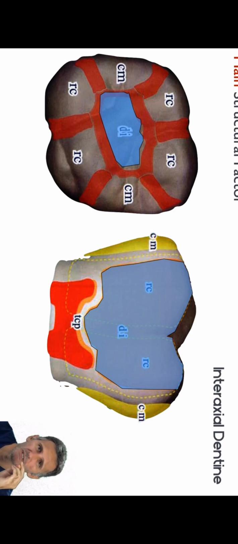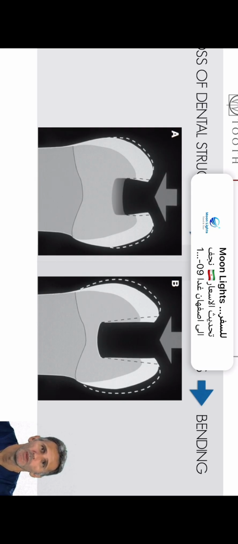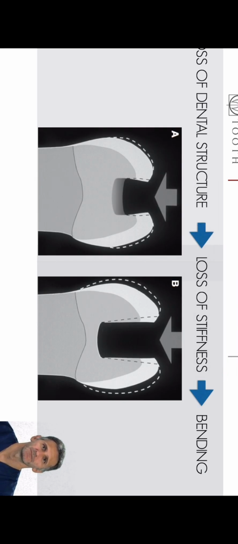About how it works, we have to understand that the main factor is the interaxial dentin. The main structural factor is the interaxial dentin. When we lose interaxial dentin, there is something on this topic in the video about the pillars of long-term dentistry. In that video, if you need, look again, there is an analysis of the biomechanics between the structural factors of a tooth.